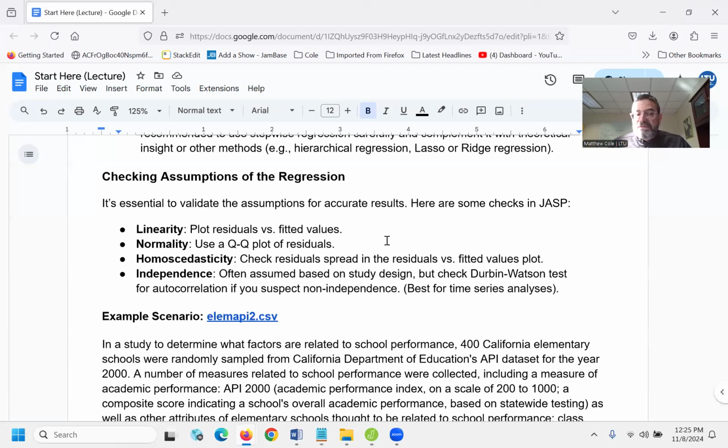But at least when you check the assumptions, you can make some qualitative statements as the statistician, and it helps you put some qualitative language around how confident you are that the results of the regression are accurate. Maybe accurate's not the right word, but again, we're being very careful as statisticians.